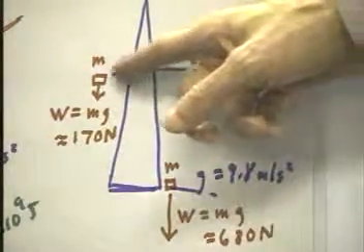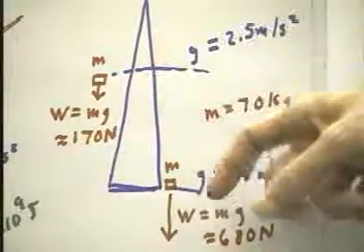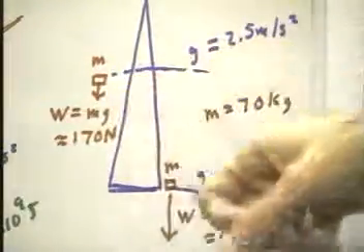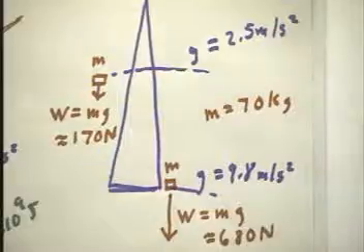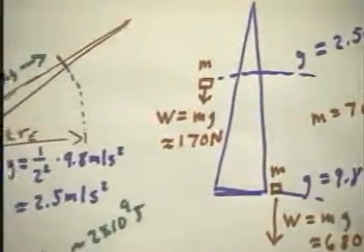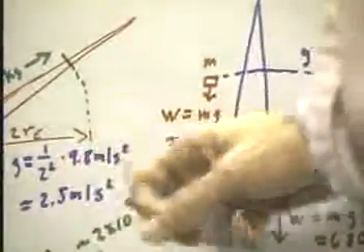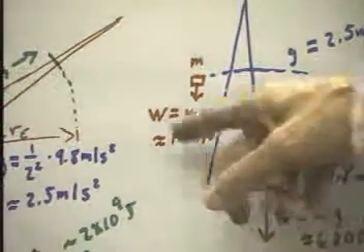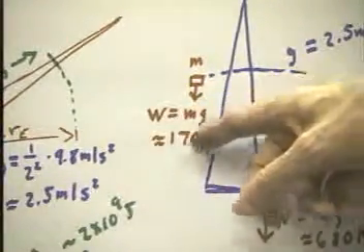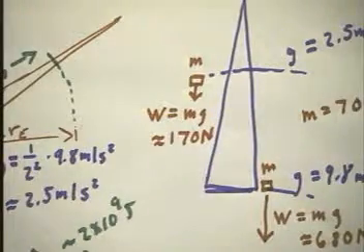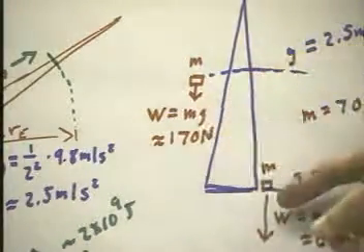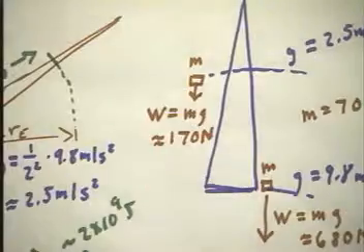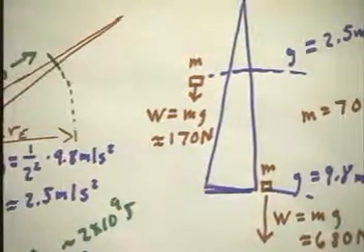And the force at twice the Earth's radius will be mg at that radius, but remember, g at twice the Earth's radius is only about 2.5 meters per second squared, actually 2.45, so that the weight, when we multiply mg, is only going to be about 170 newtons, actually about 1/4 of what it was, or exactly 1/4 of what it was when we were twice as close to the center.